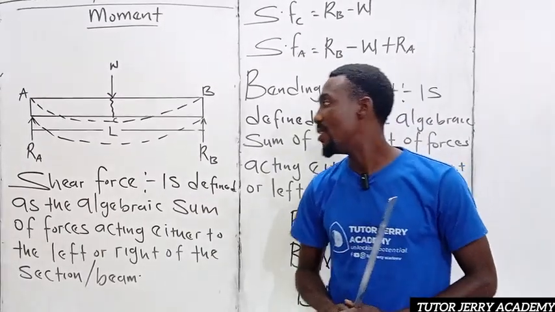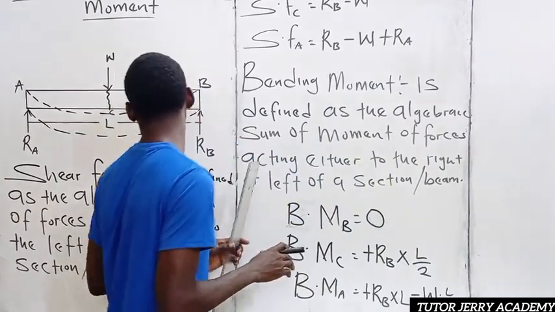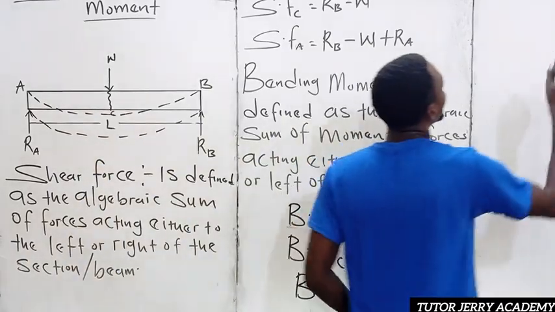All right. Now, the next thing you also need to note here is this. I'm going to tell us some important points that we need to know. All right. Important points.